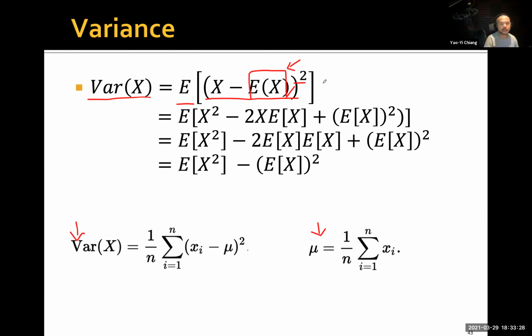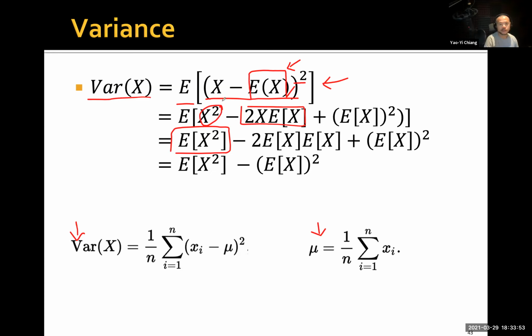If you take this apart, (x minus E[x]) squared becomes x squared minus 2x E[x] plus E[x] squared. So how do we do this? Well, you can take x squared out, and it becomes the expectation of x squared. Great. How about this?